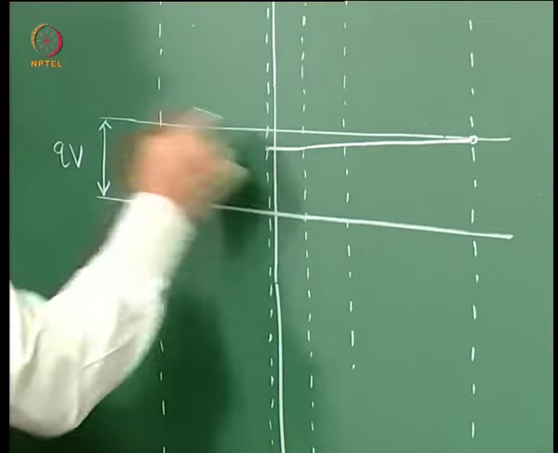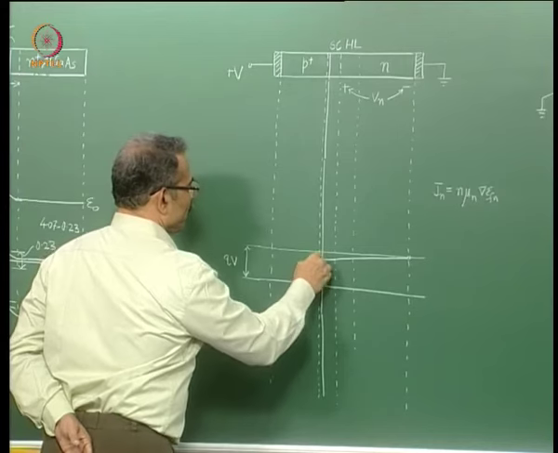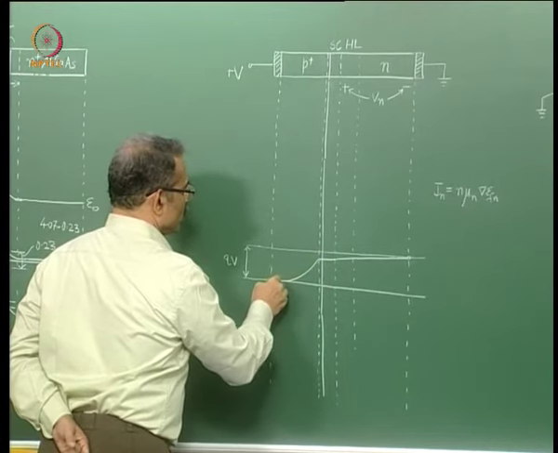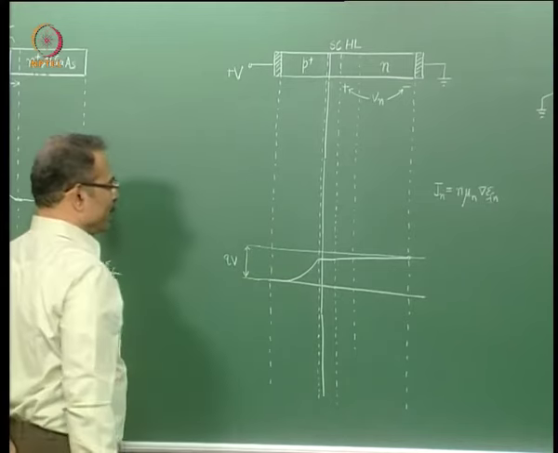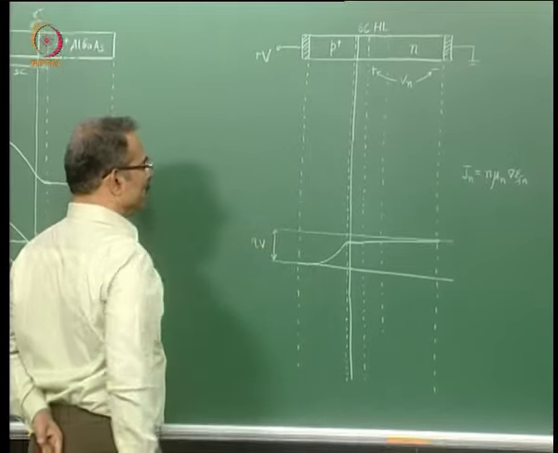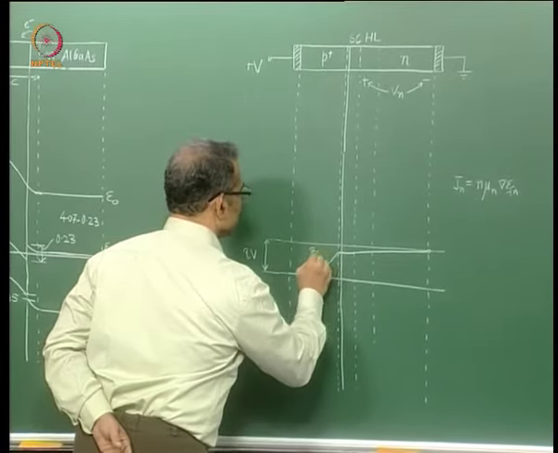So therefore there is a small slope. Then the EFN falls to EFP, because at the contact you have equilibrium condition, EFN and EFP should be the same. So this is your EFN.